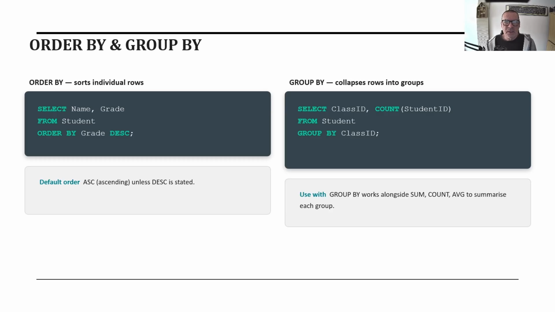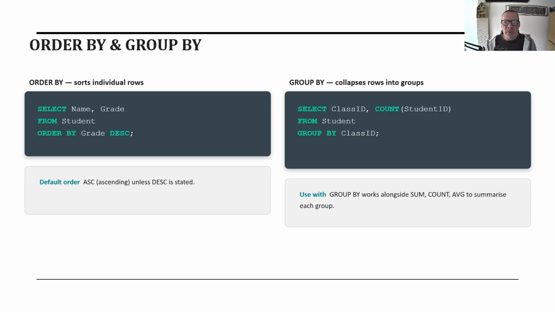So we select class ID, count student ID, so we're just counting how many times student ID occurs, how many non-null values there are. And then from student, so that's looking at the student table, and group by class ID means that everybody with the same class ID will first of all be grouped together, so all the rows will be grouped.